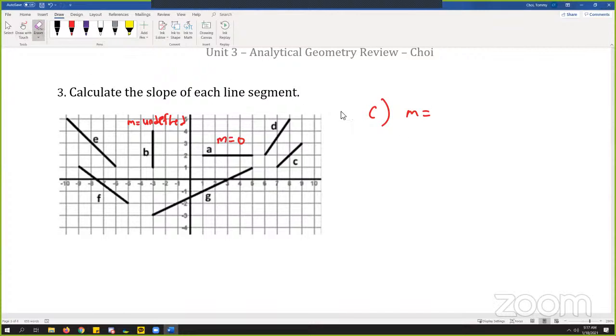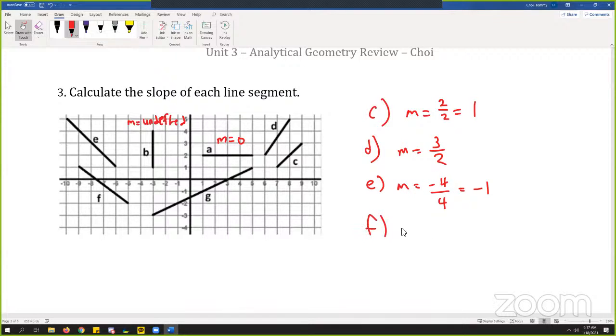Okay, so technically the thought process here, if you did rise over run correctly, you should have gotten this, which equals 1. For question D, you should have gotten the slope is equal to 3 over 2. For question E, you should have gotten the slope as negative 4 over 4, which is equal to negative 1.